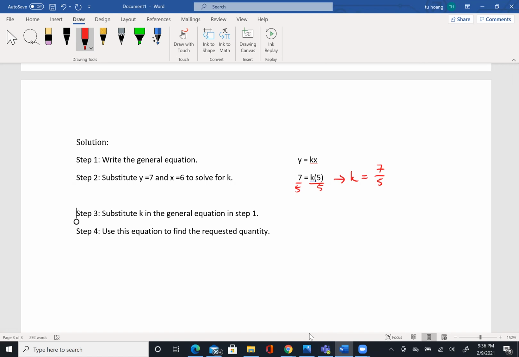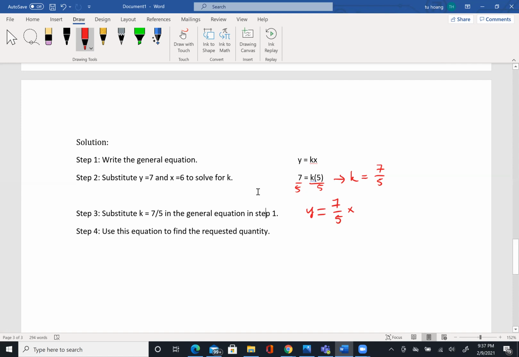So I can write y equal to 7 over 5x. Okay, now I'm going to use this equation to find the requested quantity.